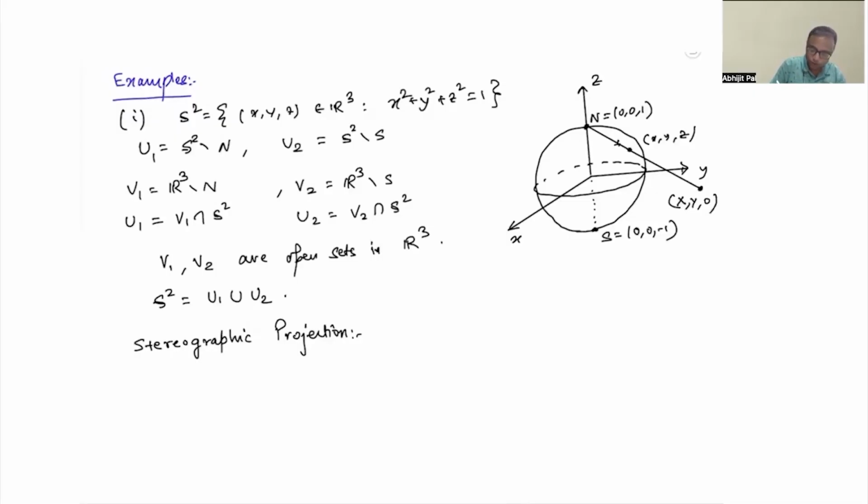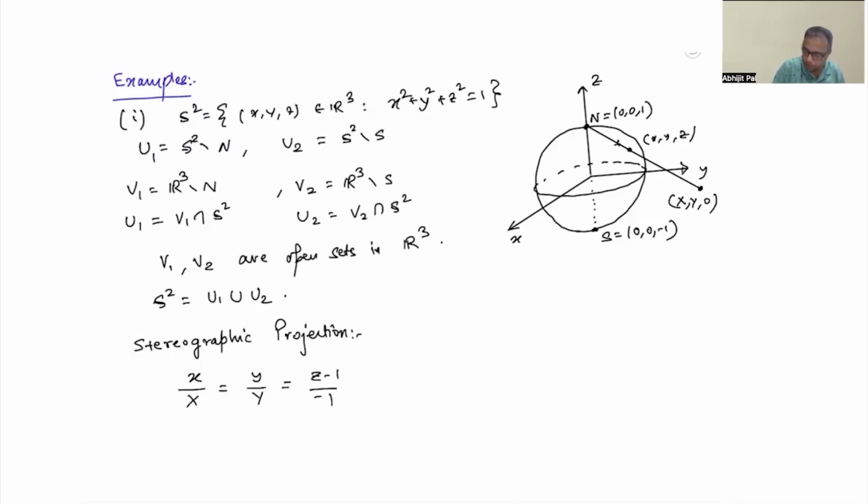Okay, so from the equation of the straight line, what you can write is x by capital X equal to y by capital Y equal to (z minus 1) by minus 1.